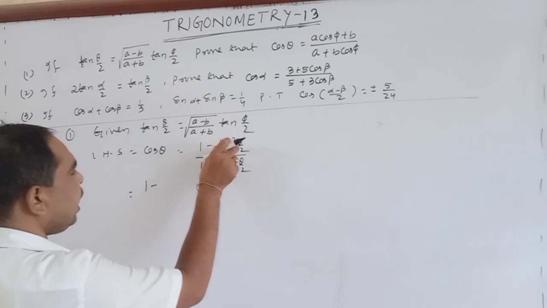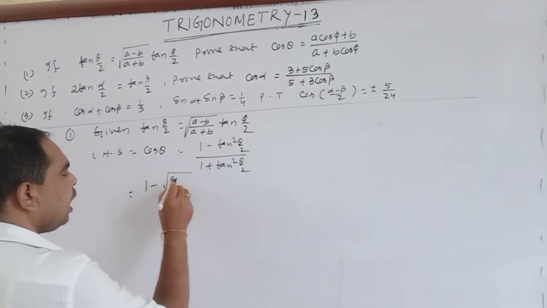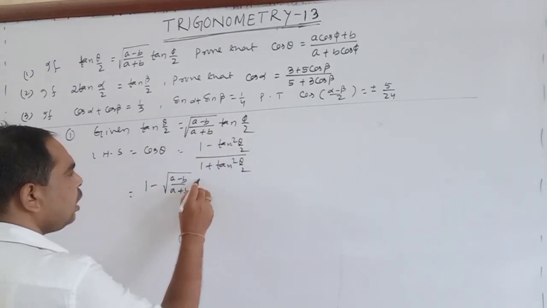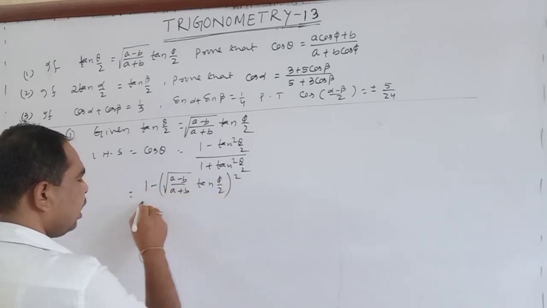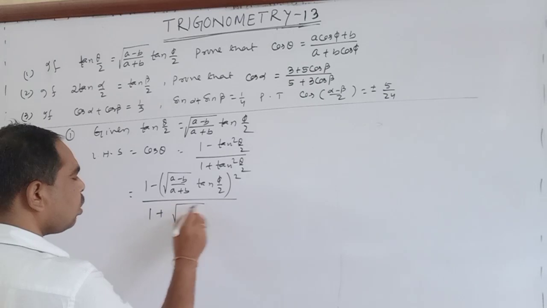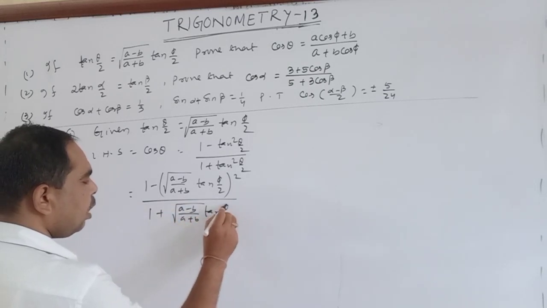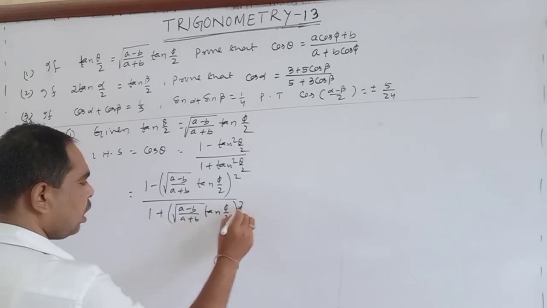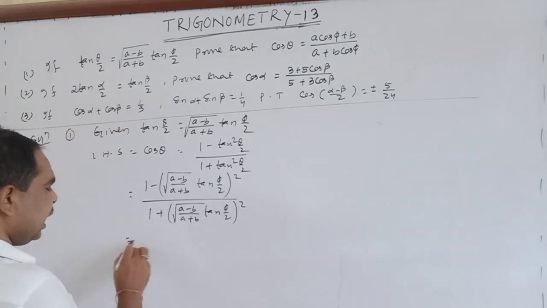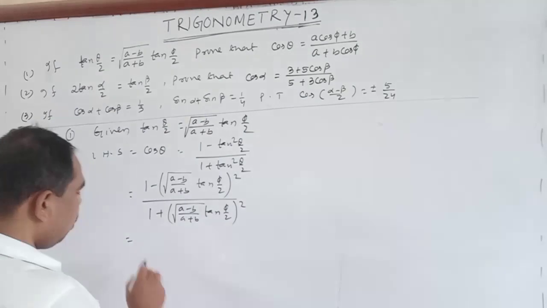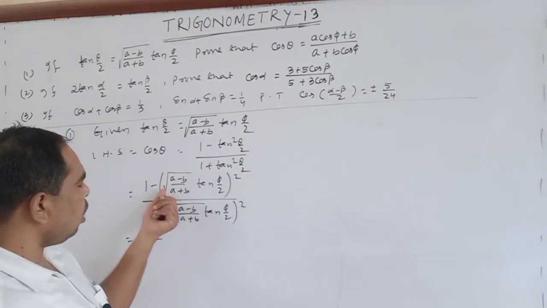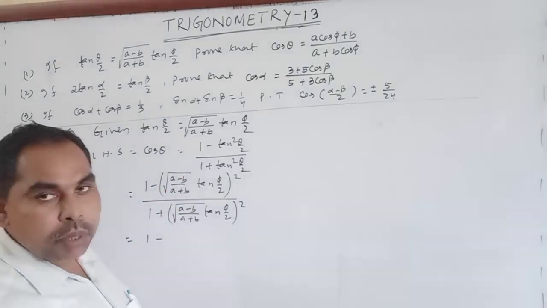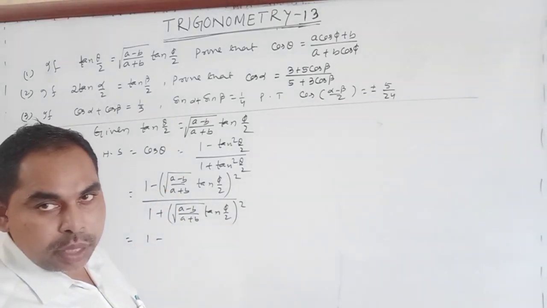So put here: 1 minus square root of a minus b by a plus b tan phi by 2, whole square, divided by 1 plus square root of a minus b by a plus b tan phi by 2, whole square. This is whole square, so square root of a minus b by a plus b whole square means simply a minus b by a plus b.